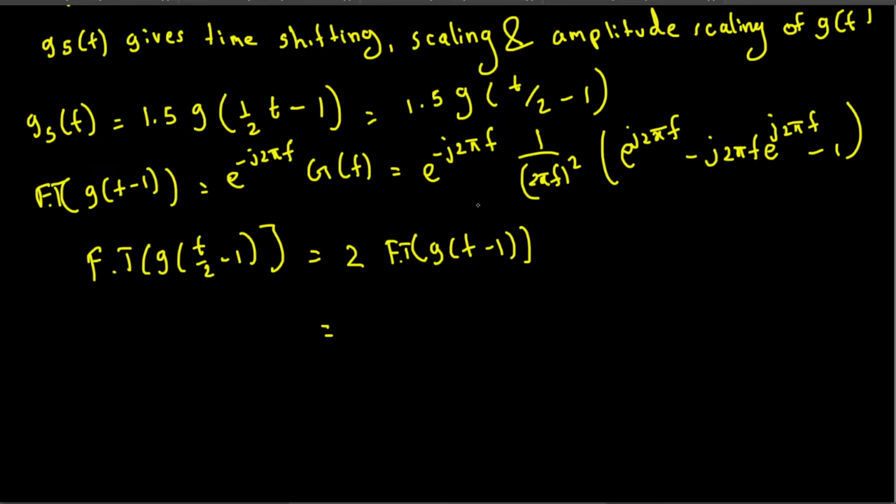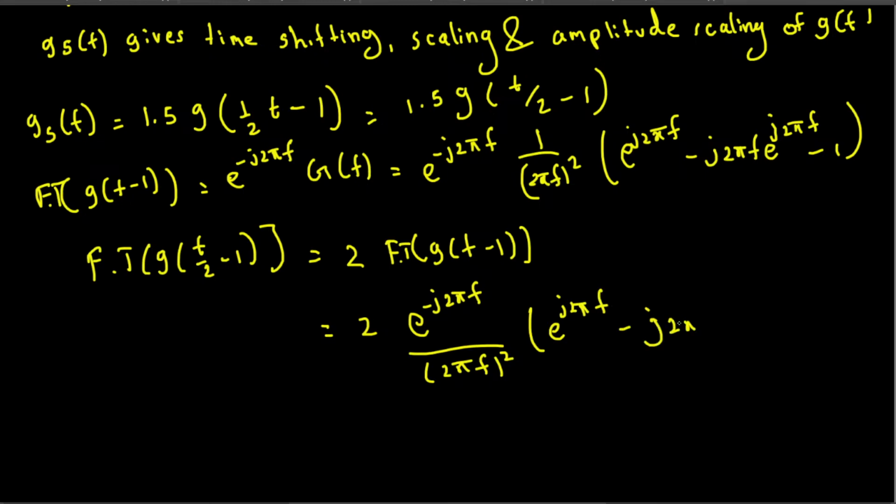So what we have to do is just grab this equation and multiply by 2. So 2 times, and I'm going to write this on top. That is e to the power minus j 2 pi f, and then the bracket 2 pi f squared, multiplied by e to the power j 2 pi f minus j 2 pi f e to the power j 2 pi f minus 1.